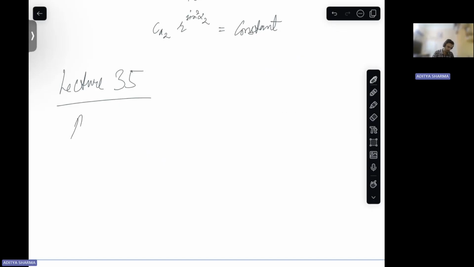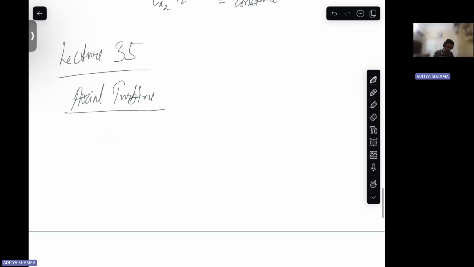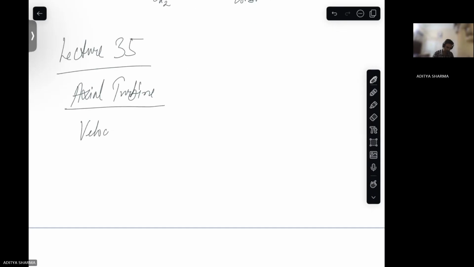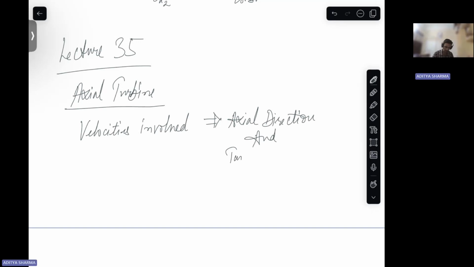Please remember, in your axial turbines the velocities involved were in the axial direction and tangential direction.